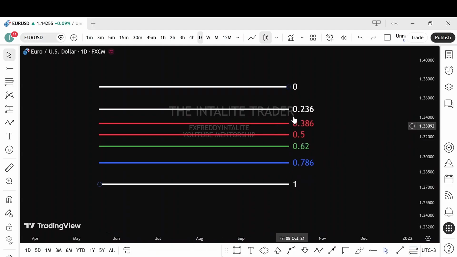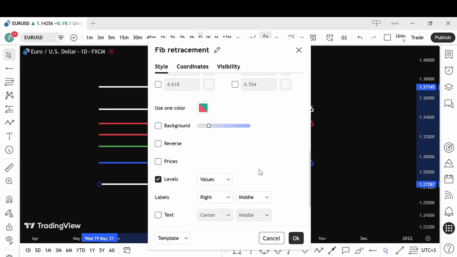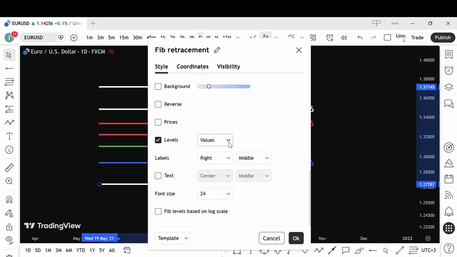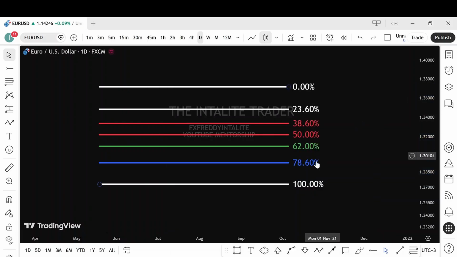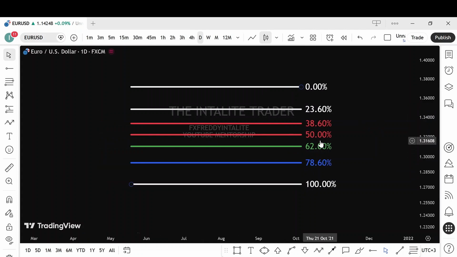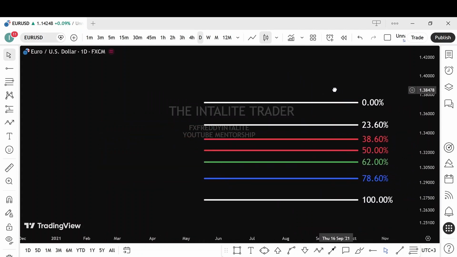So this is the ruler itself. These levels can be in percentage, or you can have them in values. Mine are in values, but others you will find in percentage. Let's use percentage here.